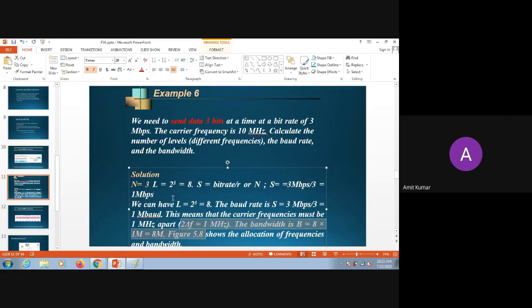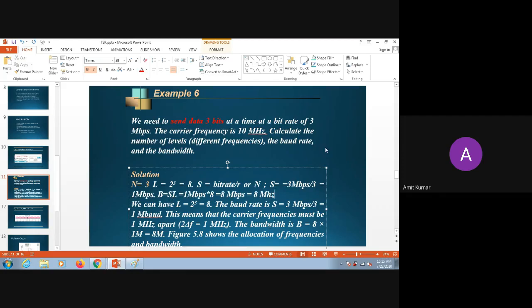So we can directly calculate the bandwidth, which will be equal to L multiplied by S. S is 1 Mbps and L is 8. So the total bandwidth required is 8 Mbps or 8 megahertz. In this way, you can directly calculate.